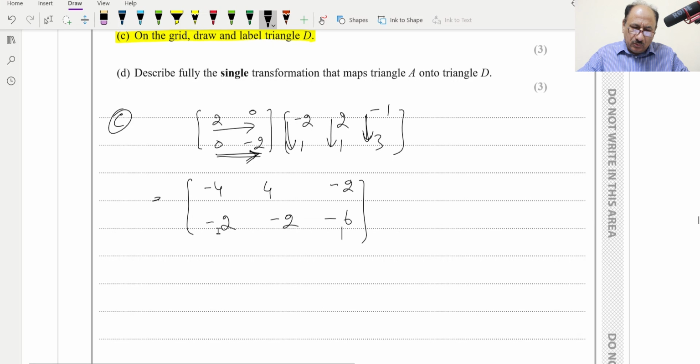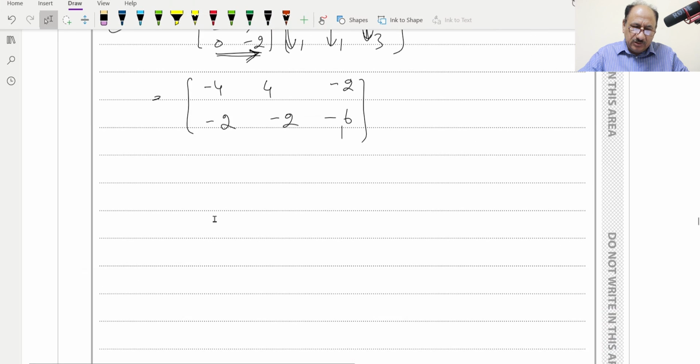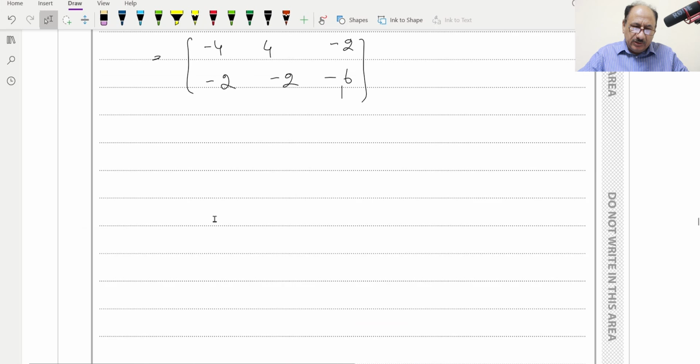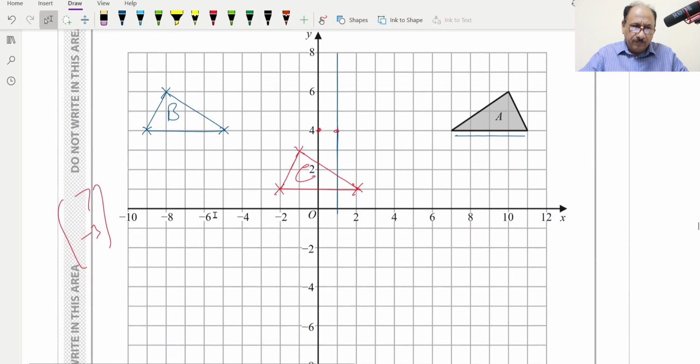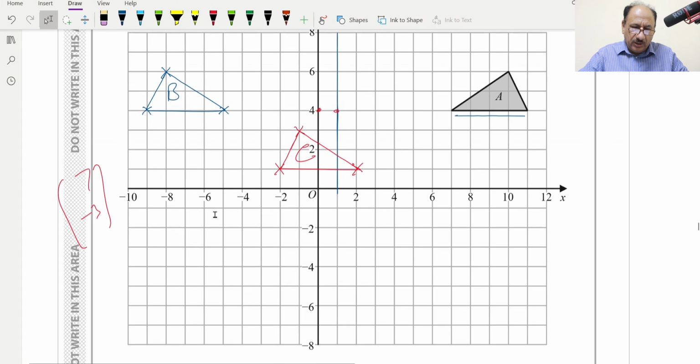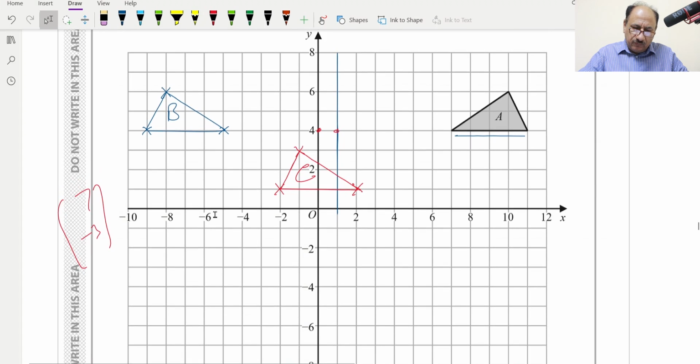Now we got these coordinates, which we will be drawing: minus 4 and minus 2, 4 and minus 2, and minus 2 and minus 6 will be drawing over here. First is minus 4 and 2, which will be this point, and next point is 4 and minus 2.